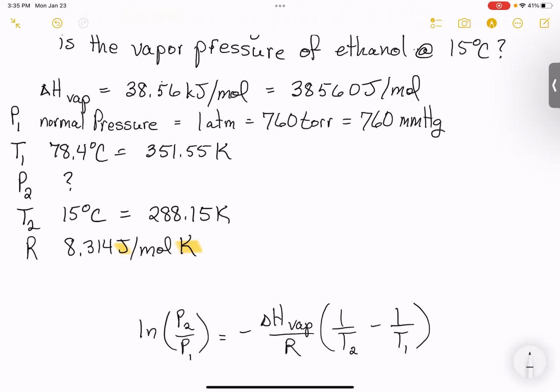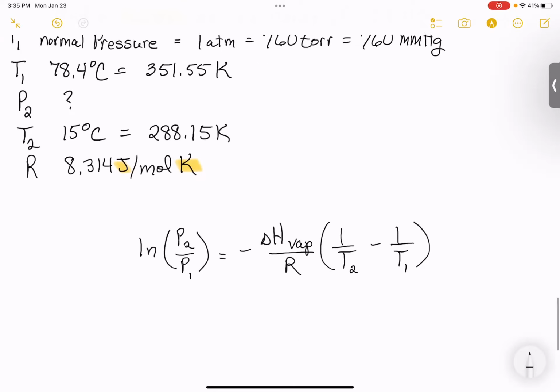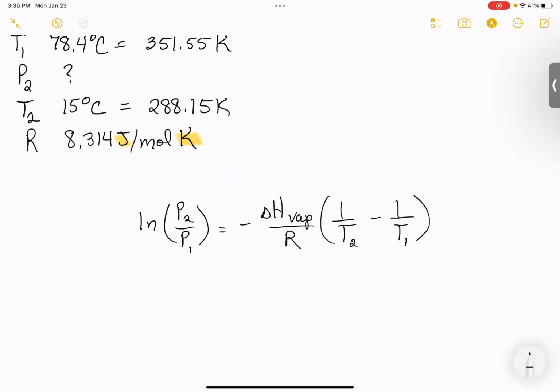Now that you have all of your units in the same process, it becomes more of a plug and chug.